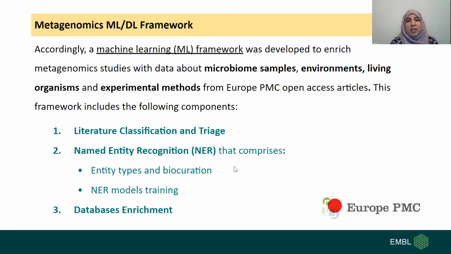So therefore, a machine learning framework was developed to enrich metagenomic studies with data about microbiome samples, environment, living organisms, and experimental methods from Europe PMC open access articles. This framework includes the following components: literature classification and triage, named entity recognition, and database enrichment.